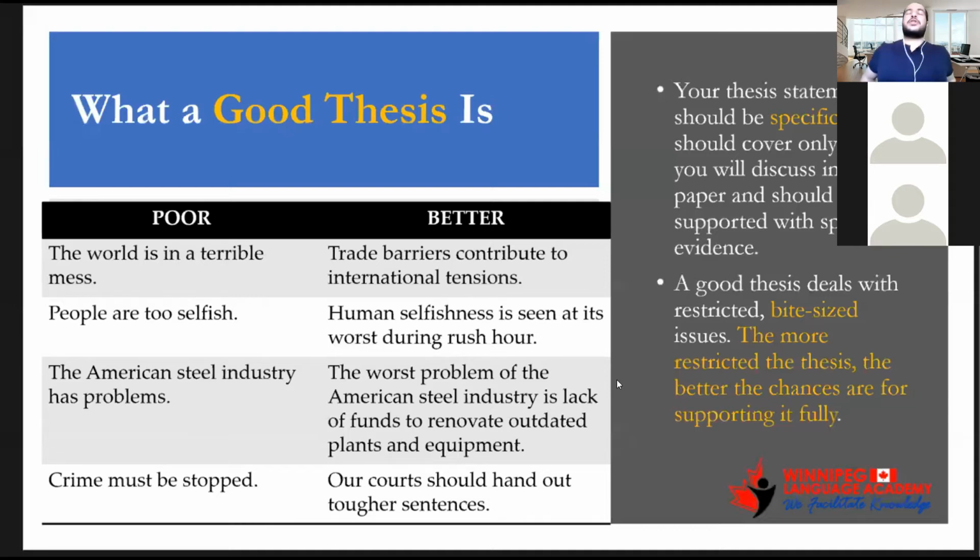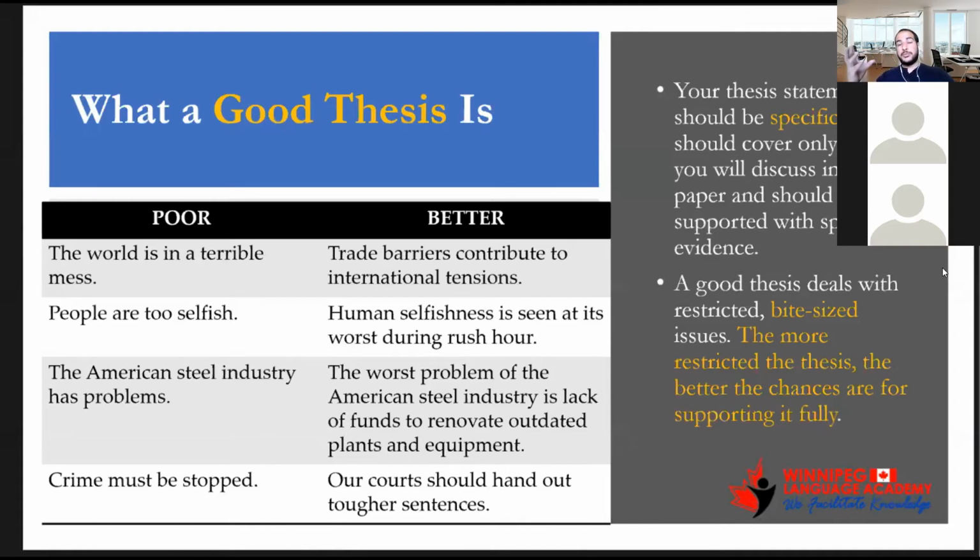What is a good thesis now? A good thesis should be specific, as you guys mentioned. It should cover only what you will discuss in your paper, and it should be supported by specific evidence. Avoid writing about general topics, like what? Pollution is very dangerous. Just be specific. Find one type.